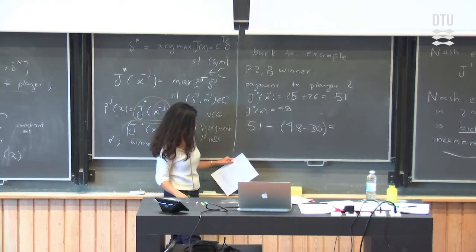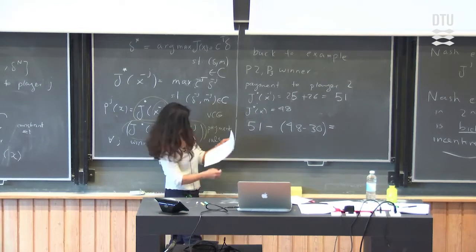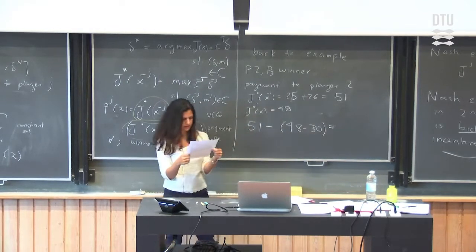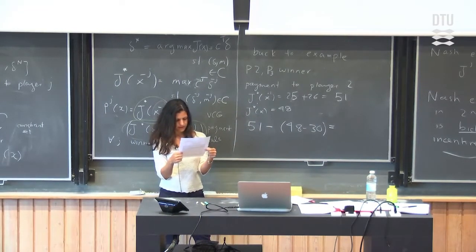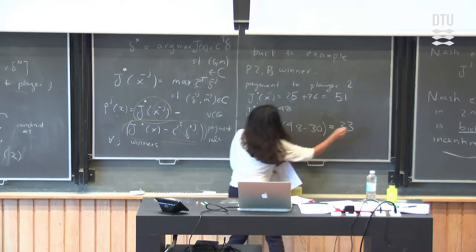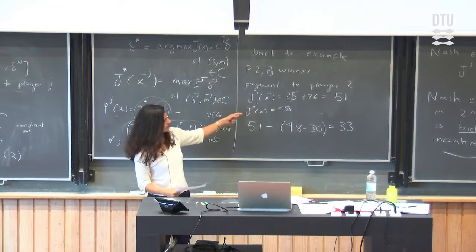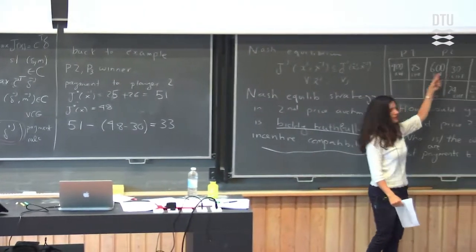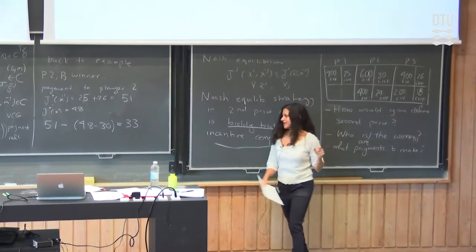What do I get? 18? Okay, good. So player 2 for providing her bid of 30 for 600 CHF gets paid 33.